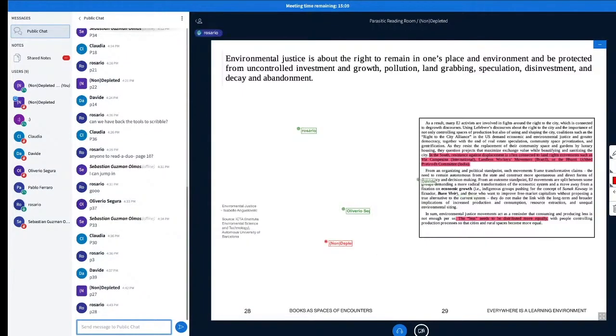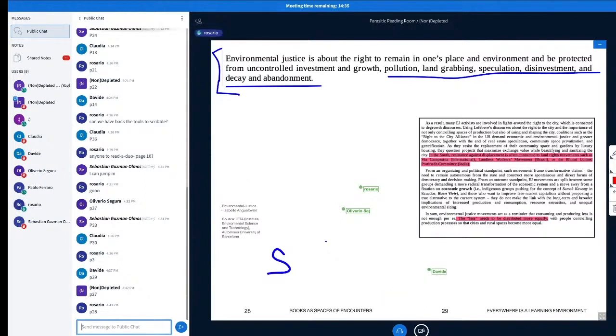Environmental justice is about the right to remain in one's place, an environment, and be protected from uncontrolled investment and growth, pollution, land grabbing, speculation, disinvestment, and decay and abandonment. As a result, many environmental justice activists are involved in fights around the right to the city, which is connected to degrowth discourses.